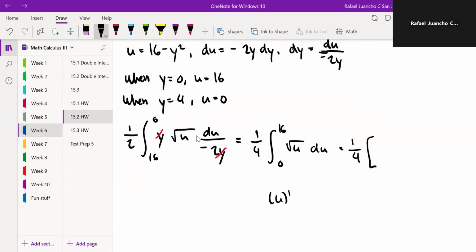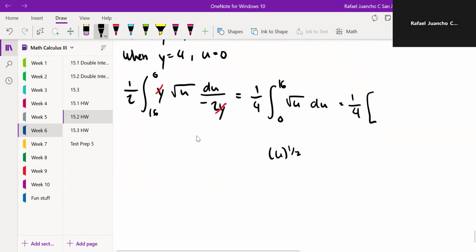So I have 1/2, which would give me, when I integrate plus 1, that's 2/3, 3/2 here. And then I multiply 16 there, and then that should be it. 16 to the power of 3/2 is 64.